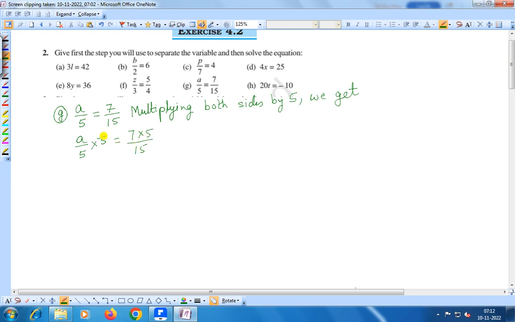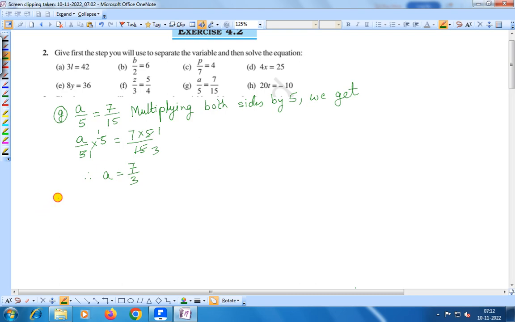The 5s cancel, and 5 3s are 15, 5 1s are 5. Therefore a is equal to 7 by 3.